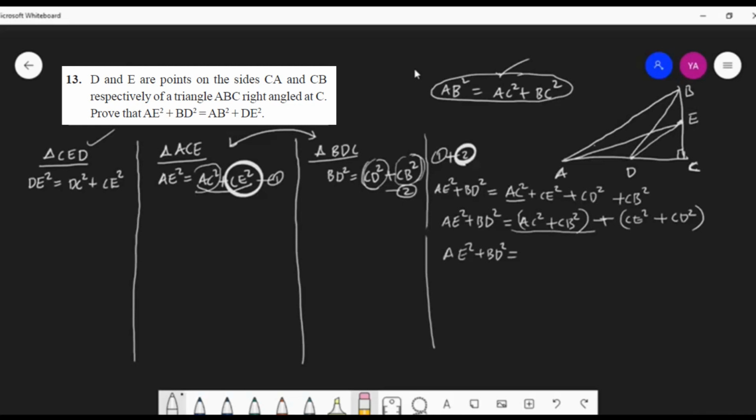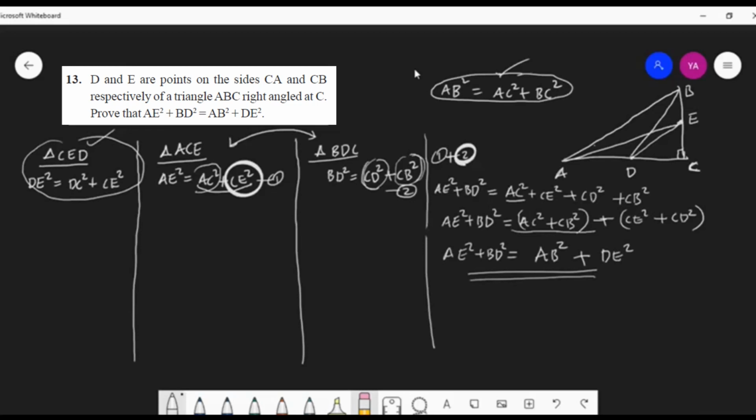So we can substitute here AB square. Then plus CE square plus CD square, which is DE square, from the smallest right triangle: DE square is equal to DC square plus CE square. So we can substitute here DE square. This is what we want to prove: AE square plus BD square is equal to AB square plus DE square.